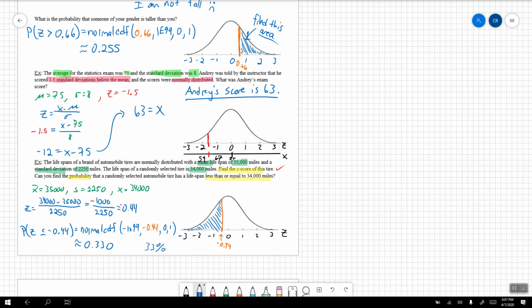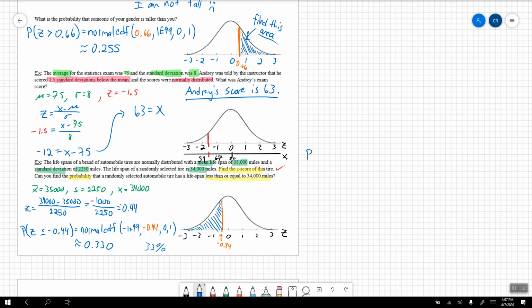Interesting. Now, the big question then becomes, do we actually need to convert into z-scores, or, like in the previous example, can I do this just using x values? The answer to that is yes. We can do this without converting into z-scores. But there's a small issue with that, and I'll tell you what that small issue is as we're illustrating this using x values. All right, so here's the issue with this.